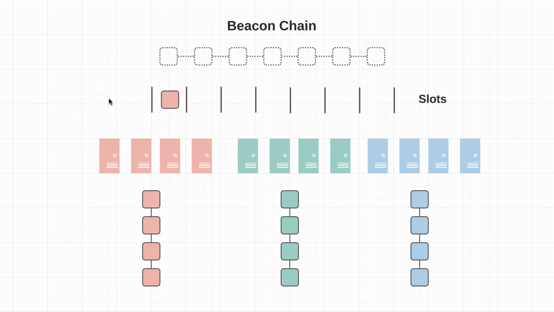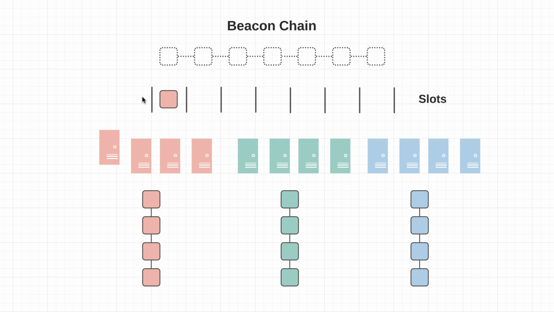So it really just helps to keep the network safe through randomization. Now, just to mention the reward process real quick, these validators actually get rewarded for proposing and attesting to blocks. And like we said before, if any of these validators attest to a malicious block or a block that they shouldn't, maybe it's invalid for whatever reason, they will actually lose their entire stake.